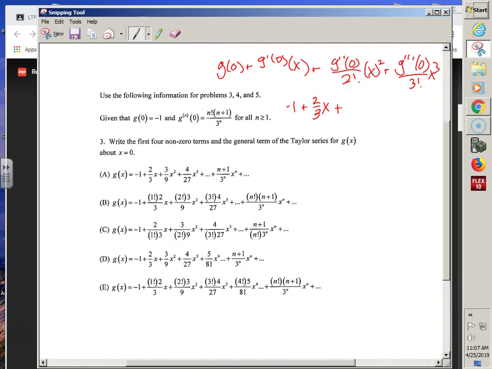And then g double prime will be 2 factorial, 2 times 1, and then 2 factorial times 3 plus x factorial times 3 plus 1 is 4, all over 3 cubed, which is 27. And I'm guessing they don't simplify. I guess I didn't need to do all that work.